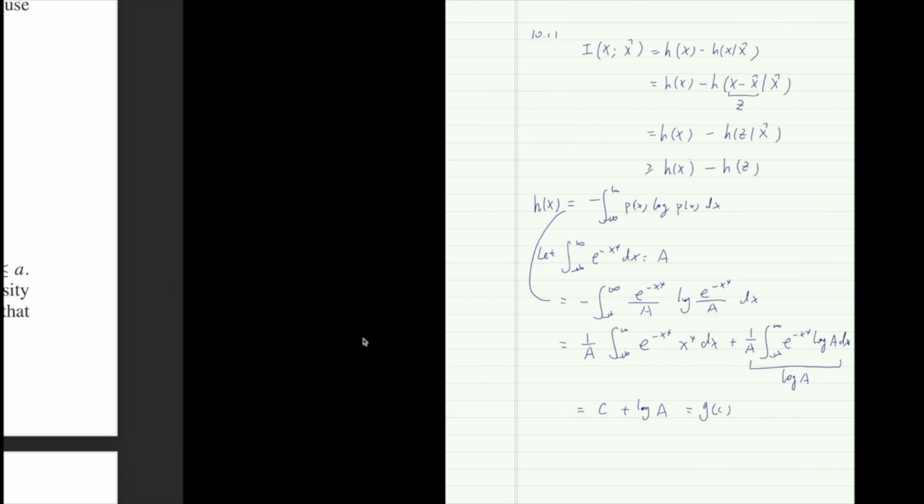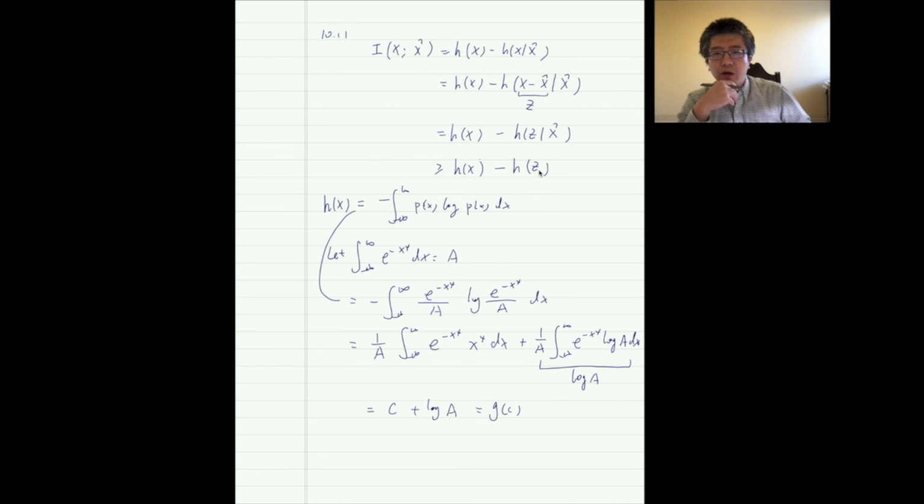Therefore, it basically means that we have an entropy of h(z) here. In order to get g(d), we only need to assume that z follows a distribution of e to the negative z^4 over this. That would be the distribution.